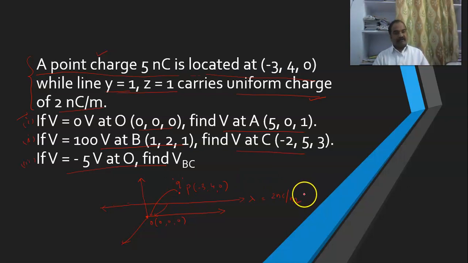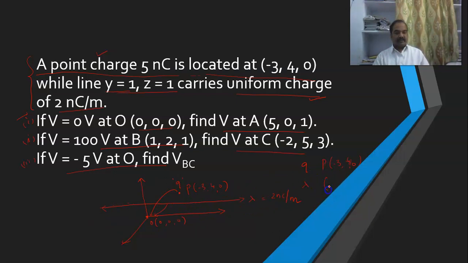But for the sake of easiness in our problems, what we will do is this: Q is a point charge which is located at P (-3, 4, 0), whereas lambda is a charge density, line charge density. It is not having a single point, it is having a continuous line, right?